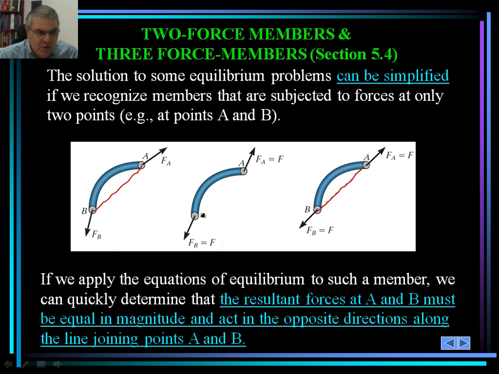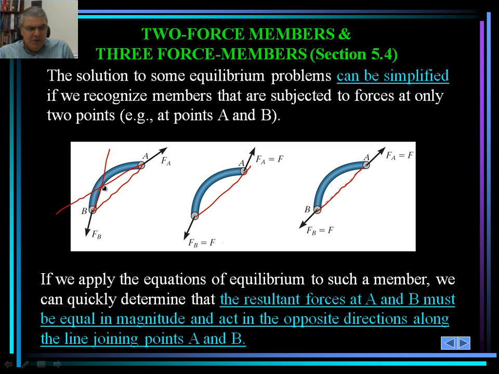For this one also, we can connect these two points, but because of the direction of these forces, there will be a moment applied to the body itself, and you would see twists at AB and so on.